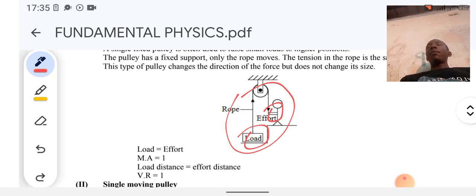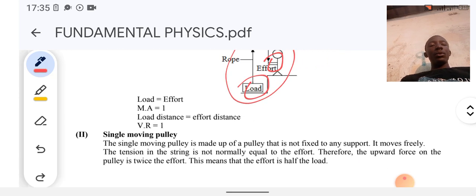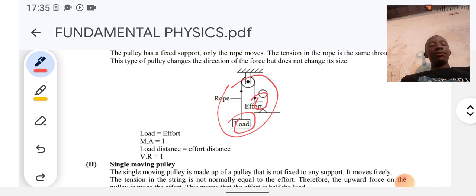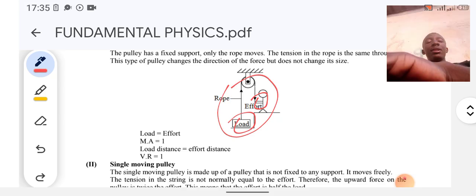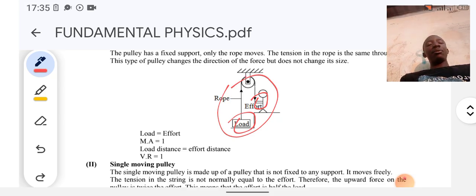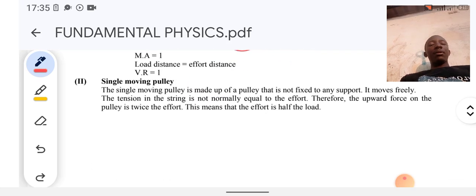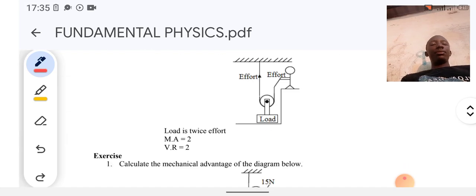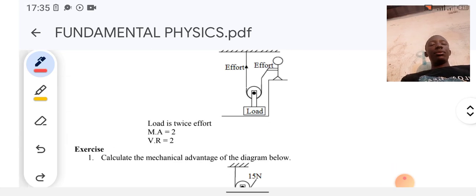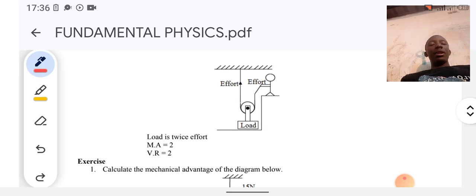The same principle applies here for finding the velocity ratio and mechanical advantage. To find the velocity ratio under this type of simple machine, simply count the number of ropes. How many ropes are there? You have this one, 1, 2, 3 there, right? On the other side, you also have 3, 1, 2, 3. So the velocity ratio will be equal to what?